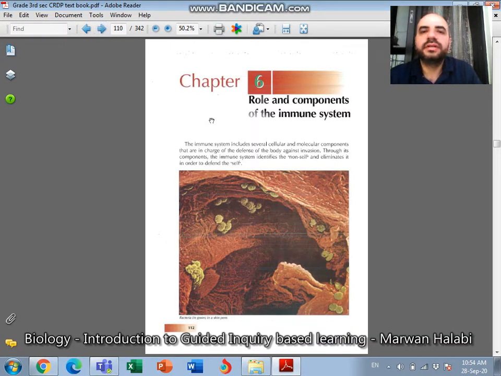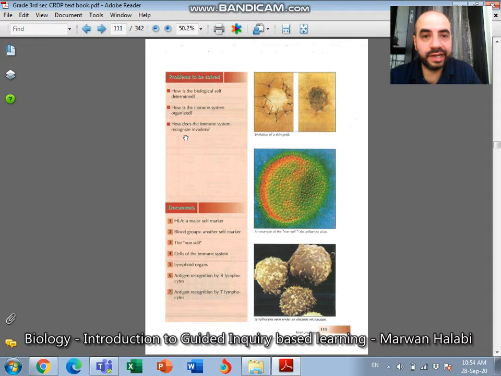We begin, for example, in chapter 6, which talks about the role and components of the immune system. They put an introduction which we should read carefully, and then they put the large problems that they will discuss in this chapter. For example, how is the biological self determined? How is the immune system organized?